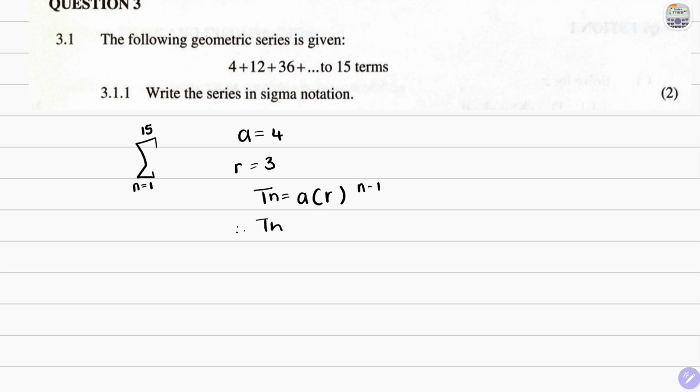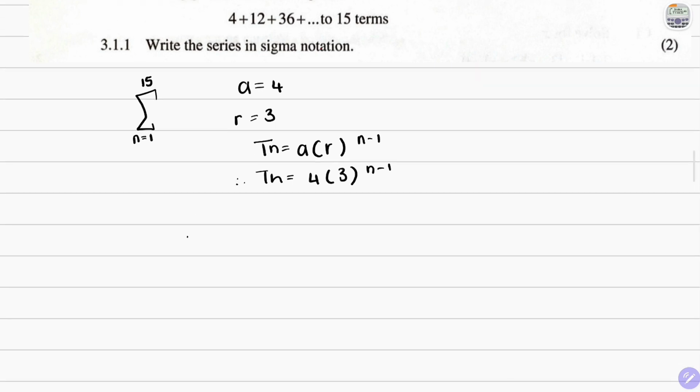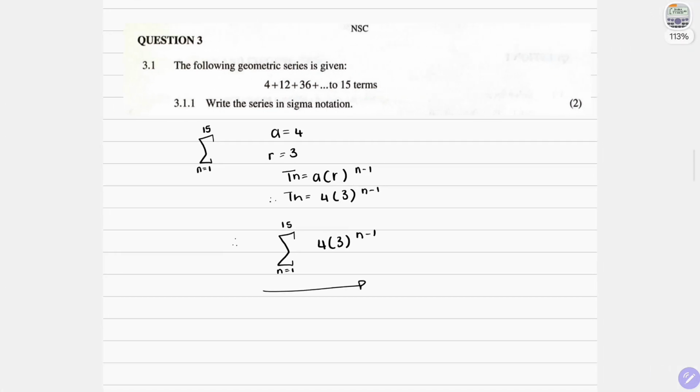So Tn equals 4 times 3 raised to the power of n minus 1. Written in sigma notation, this is the sum of the series starting at n equals 1, ending at 15, of 4 multiplied by 3 raised to the power of n minus 1, and that is our answer.